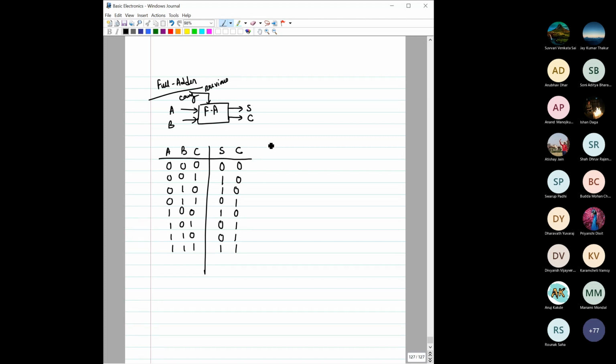Okay, now let us use the Karnaugh map and see whether we can minimize these expressions or not, if possible. So here we have 3 variables. So it is a 3 variable Karnaugh map. So 8 boxes. A, B, C, 0, 1.